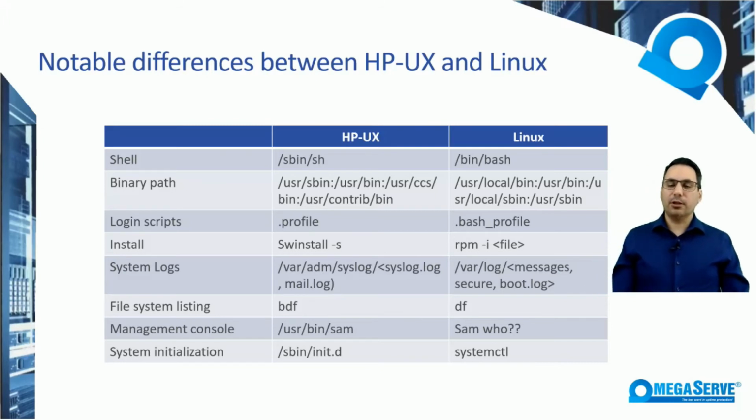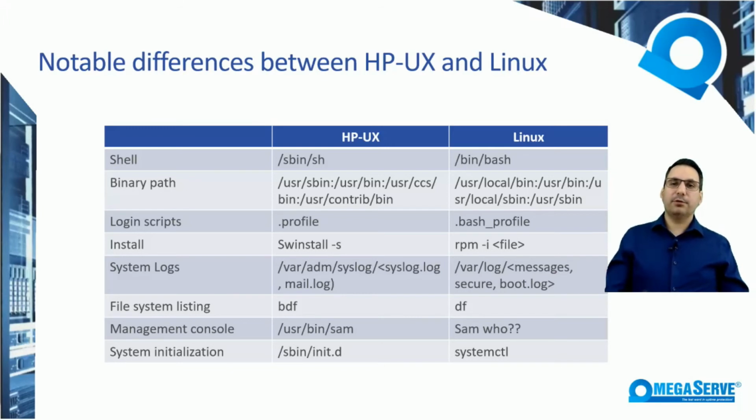Also, installing software is different. You have the RPM tool in Linux. The system logs are in a different location. The file system listing is different. In HPUX, we typically run a BDF command, and we could run a DF command, but it's not the same output as Linux's DF command. So be mindful of these changes. Also, the SAM management console is not there in Linux.